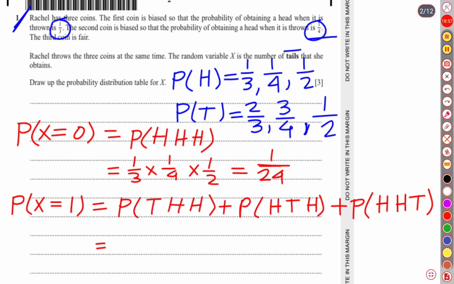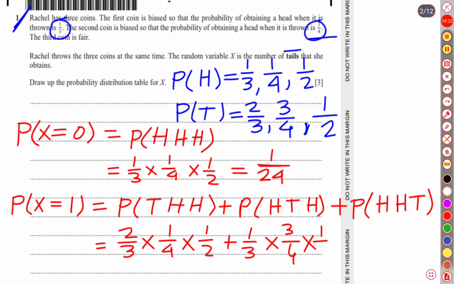If the first one is tail, it is 2 over 3 probability. Then the rest 2 are head, so 1 over 4 as well as 1 over 2. If the first one is head, the probability is 1/3, for the second tail it is 3 over 4, and for the final head it is half.